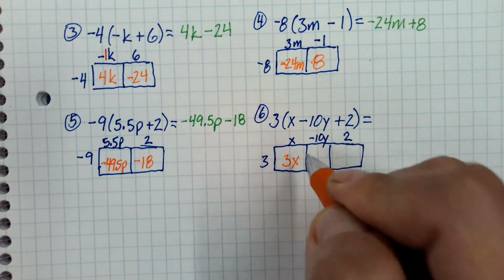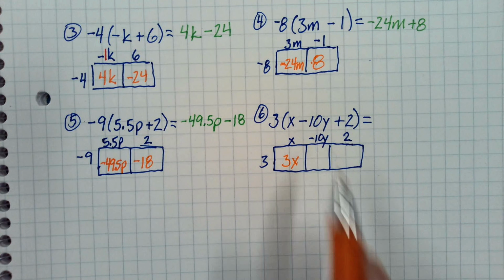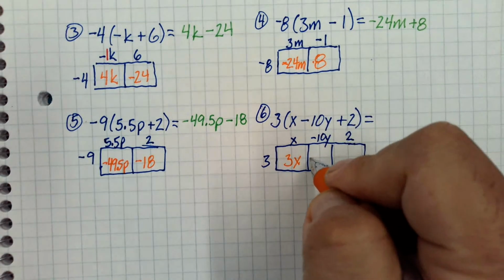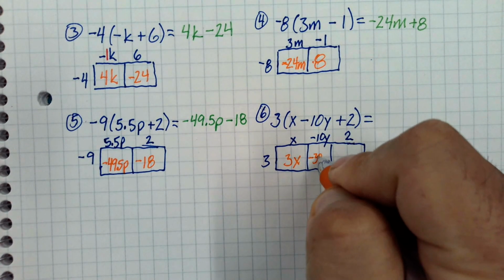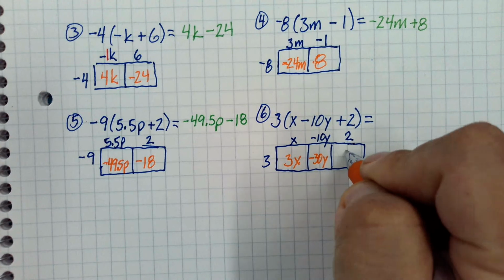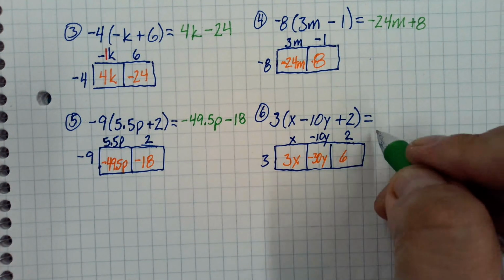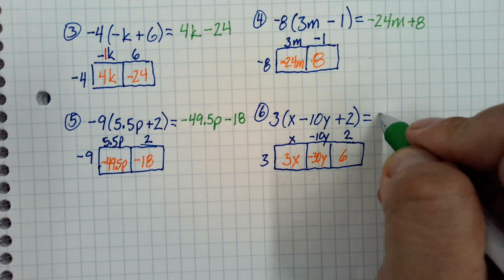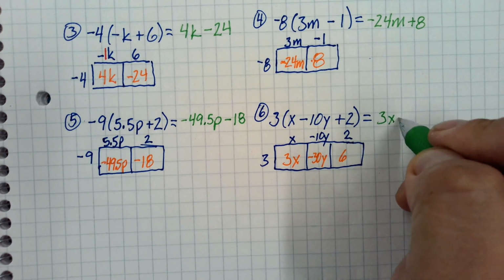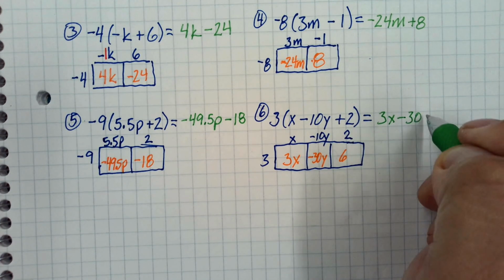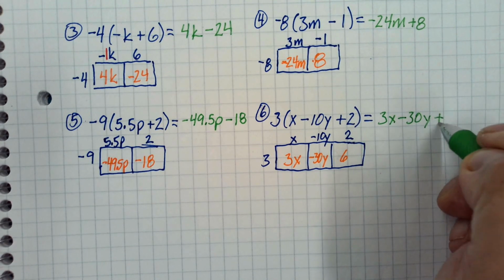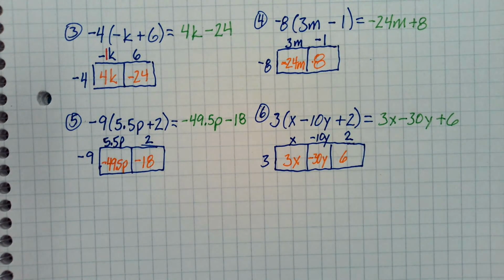That's easy. How about 3 times negative 10y? Negative 30y. And then 3 times 2 is 6. So we've got 3x minus 30y and then plus 6.